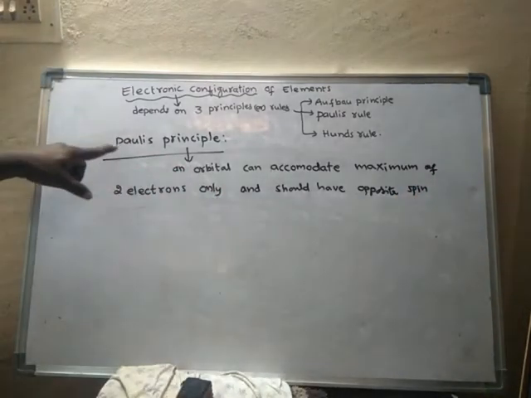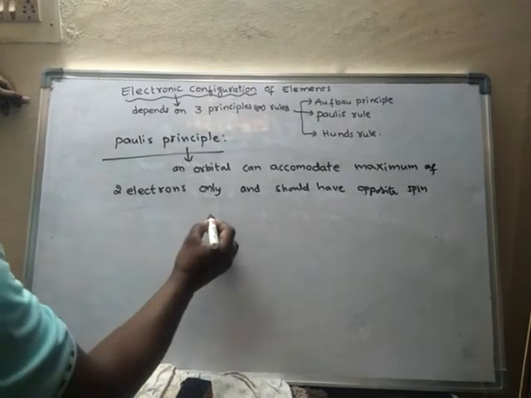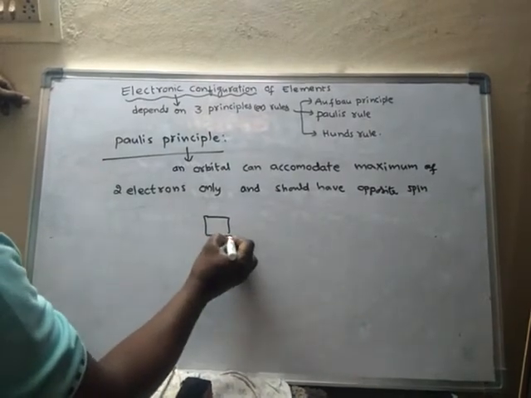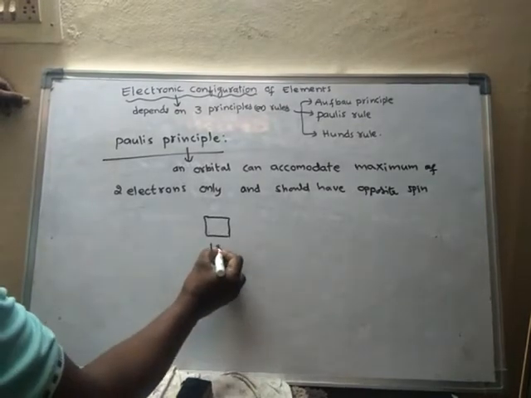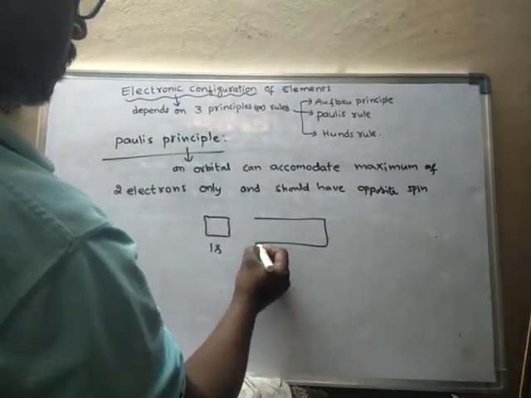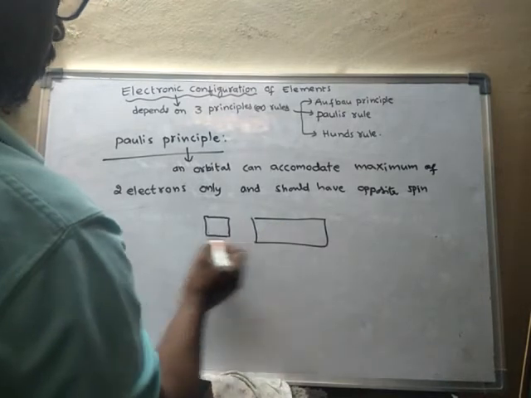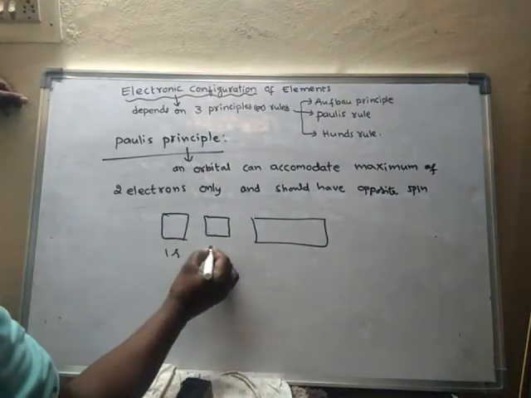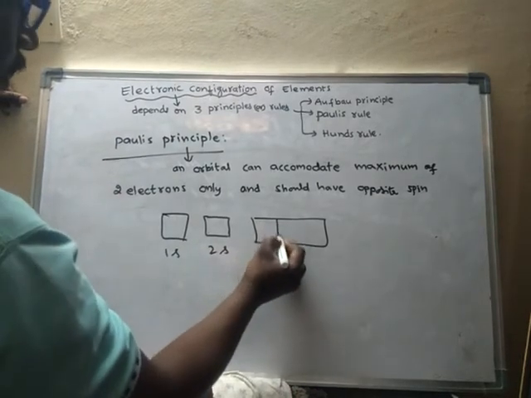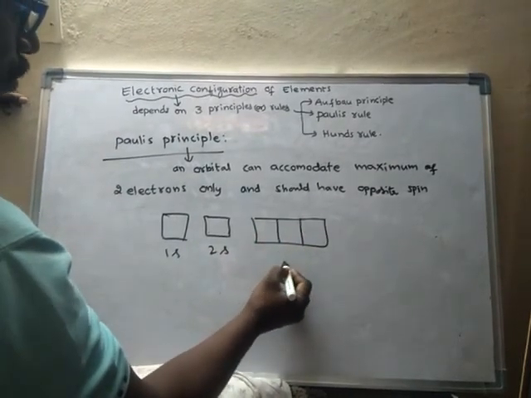So this rule says that if there is an orbital, it may be a 1s orbital, or a 2s orbital, or else it may be 2p orbitals.